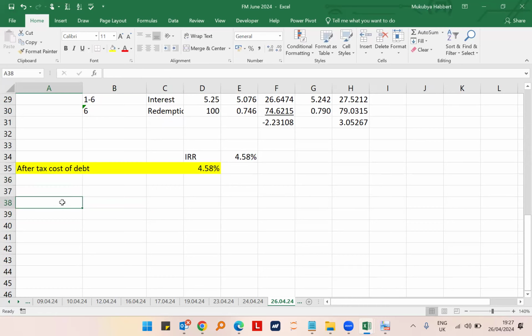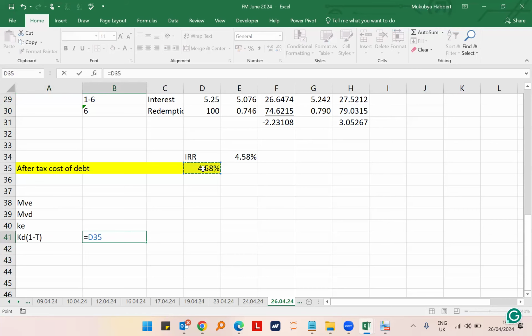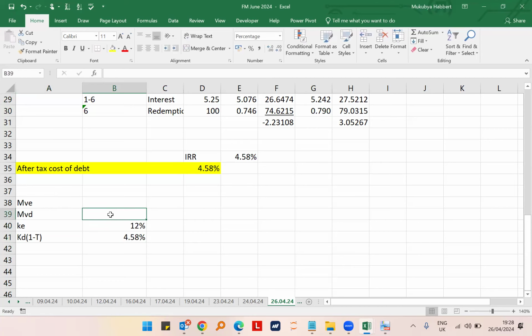So for us to determine the weighted average, we need to know market value of equity, market value of debt. Then we need to know KE, need to know KD, 1 minus T. We already know KD(1 minus T), 4.58. KE is 12%.